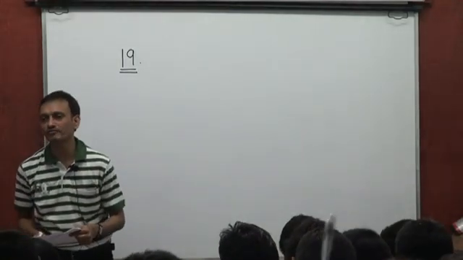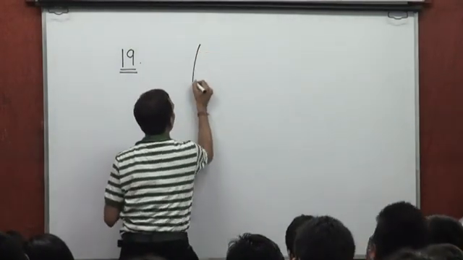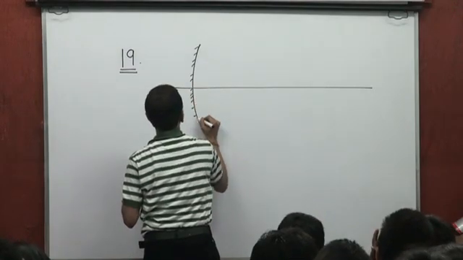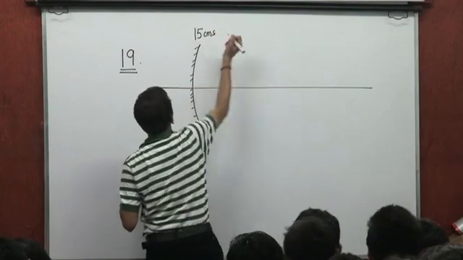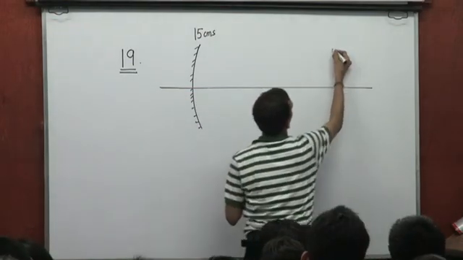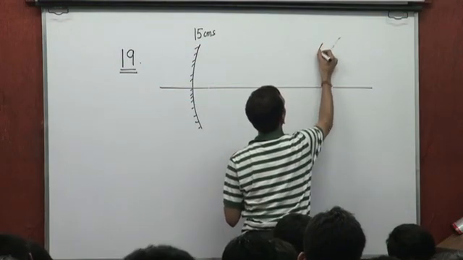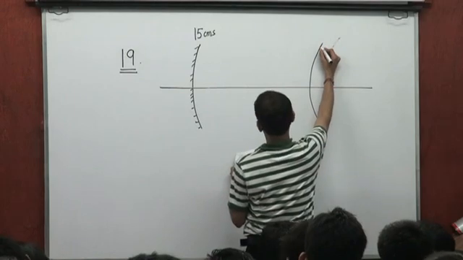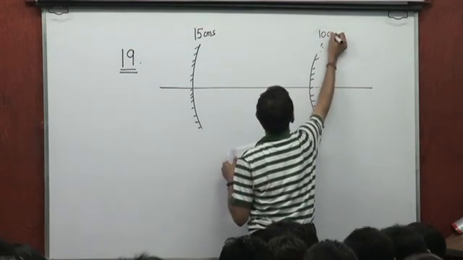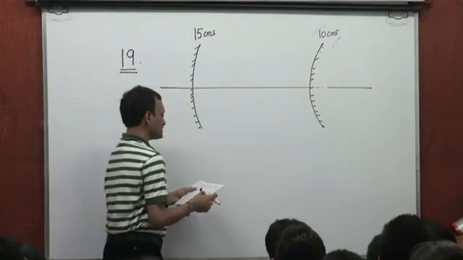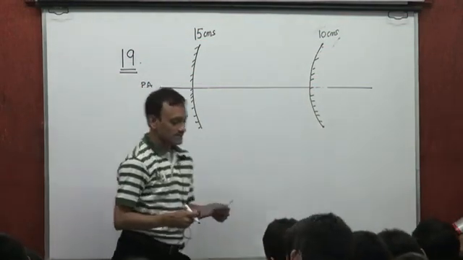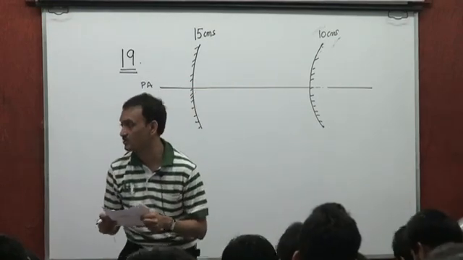A concave mirror, magnitude of focal length being 15 centimeters, and a convex mirror, focal length 10 centimeters, placed coaxially, that is, on a common principal axis, 70 centimeters apart facing each other.